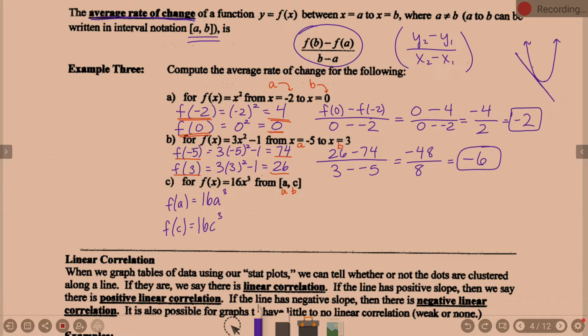Now, still going to set up the same idea.